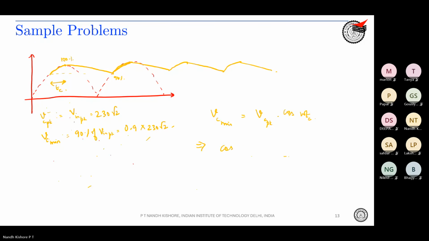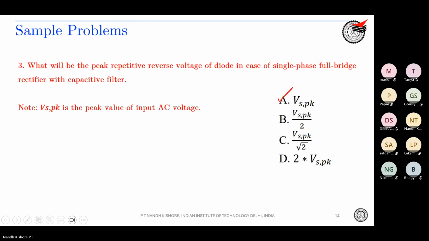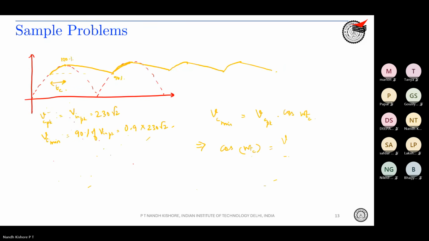So your cos omega TC is VC min divided by VC peak.